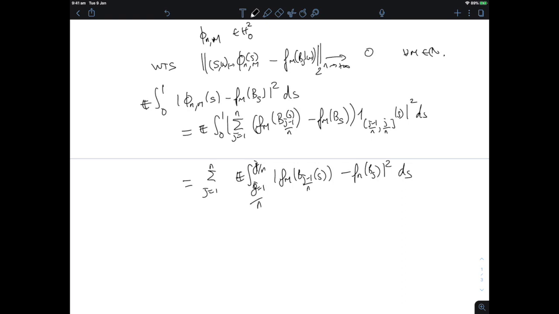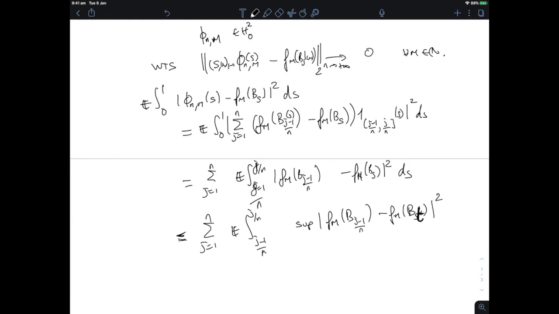Okay, so now I want to exploit continuity properties of the f_m. So I'm going to rewrite this as the sum j equal 1 to n of the expectation. So it's going to be smaller than the supremum of the f_m(B_{(j-1)/n}) minus f_m(B_t), maybe let's call that B_t rather than B_s prime, squared ds.